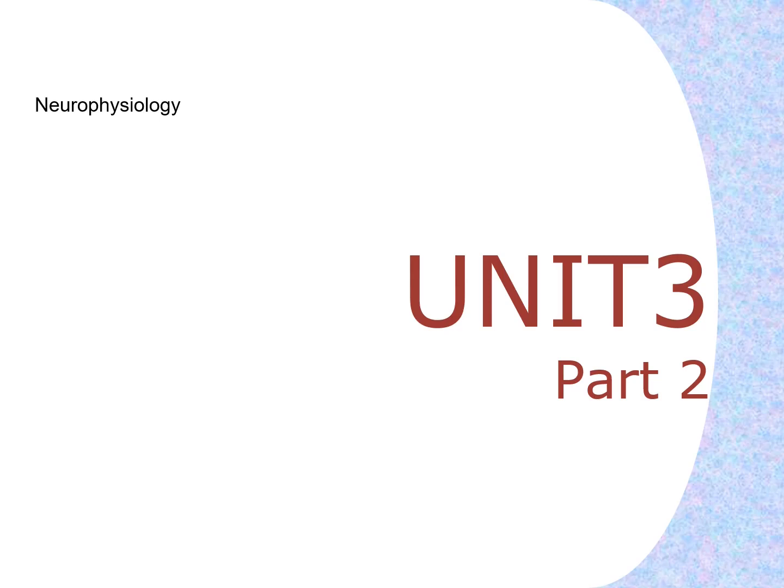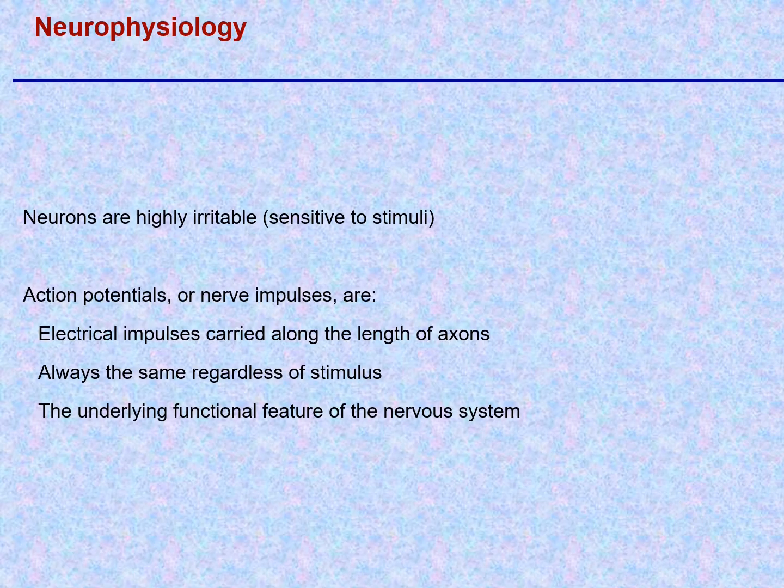This is Unit 3, Part 2, and it's on neurophysiology. Neurons are highly excitable or irritable types of cells. They're quite sensitive to stimulation.